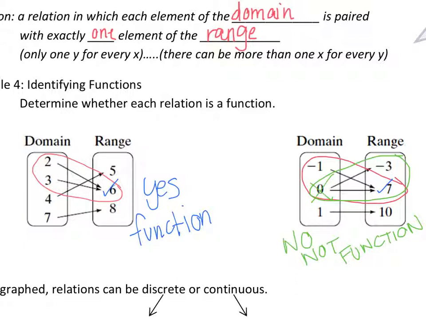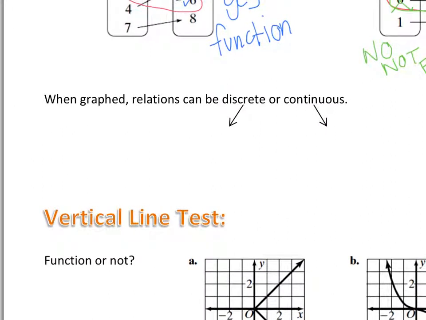Now, we are going to look at another way to determine whether it's a function or not. Honestly, the other way works better for me, but you can pick and choose. Before we do that, we're going to talk about the two different kinds of relations. So far, everything that we have graphed has been discrete, meaning there's just been points. They're not connected. The ones that are connected are called continuous. So discrete is a collection of isolated points.